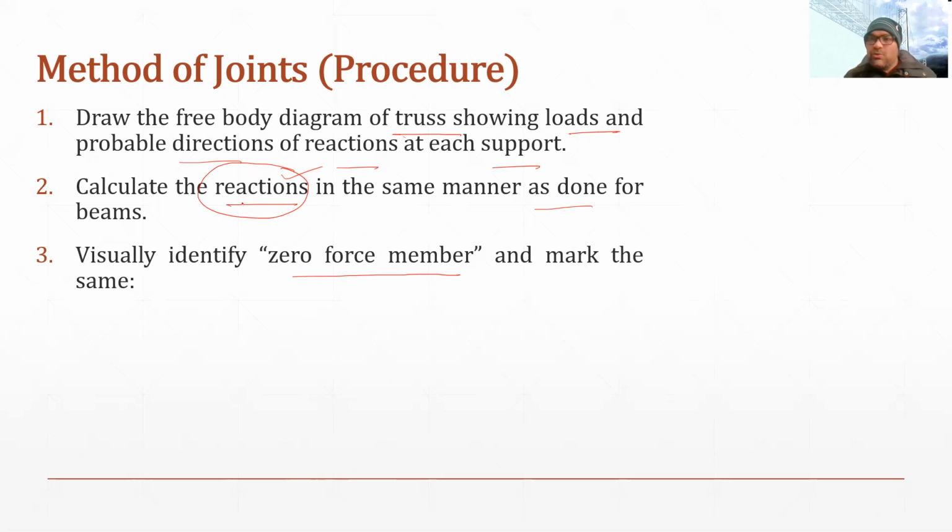So the members which are not experiencing any force are known as zero force members. So the third step would be to identify zero force members visually. Now there are some indications of how we can visually identify a zero force member in a truss.